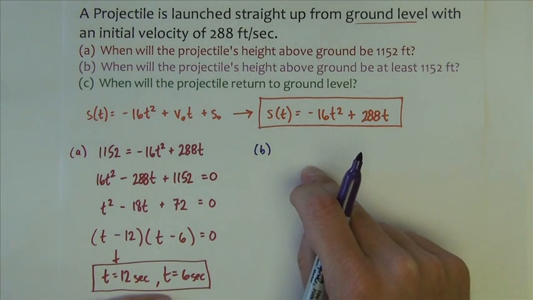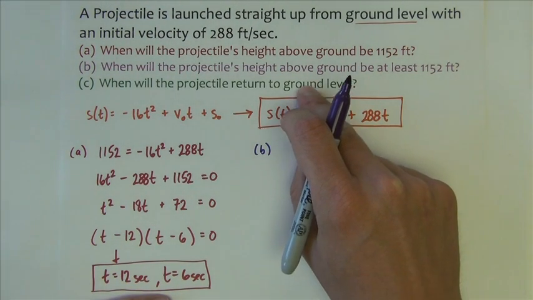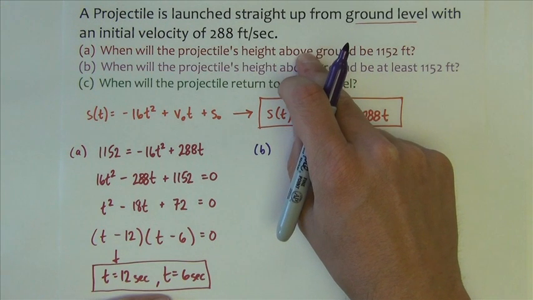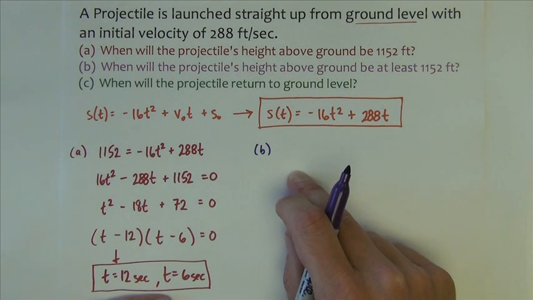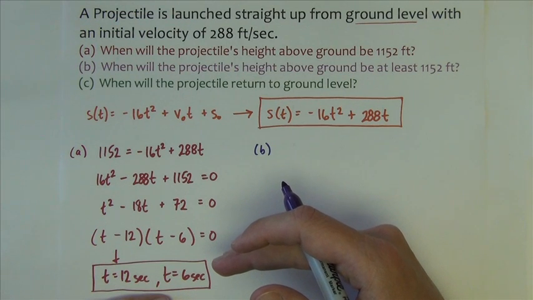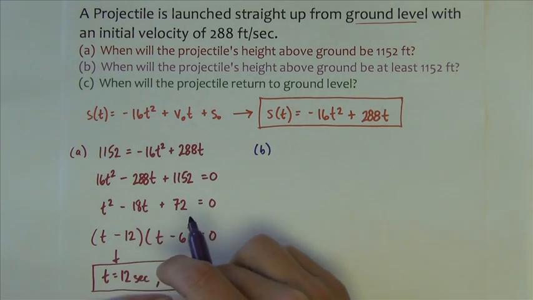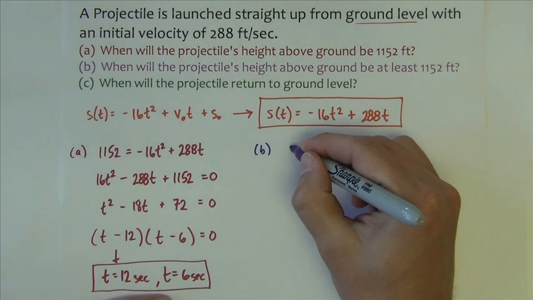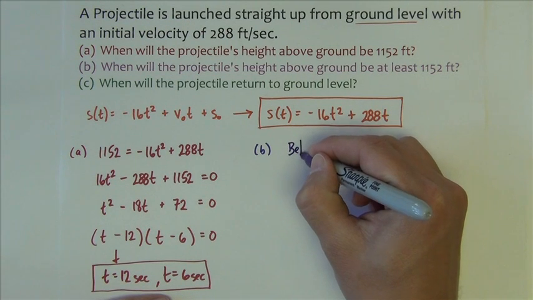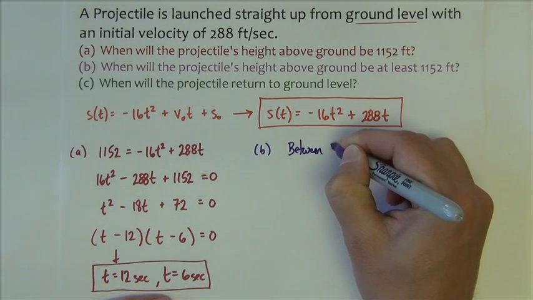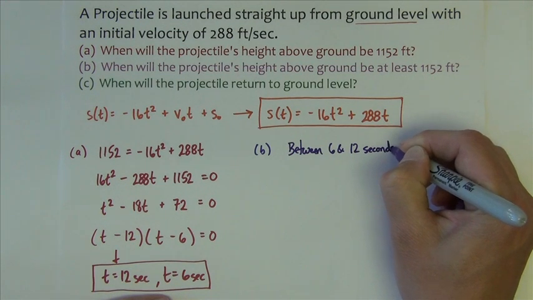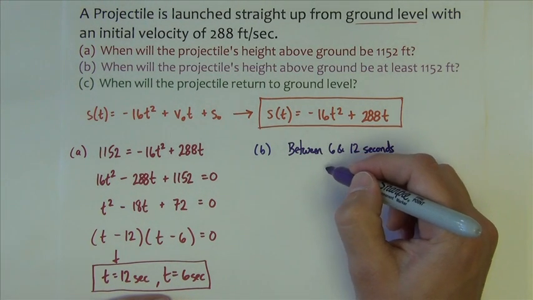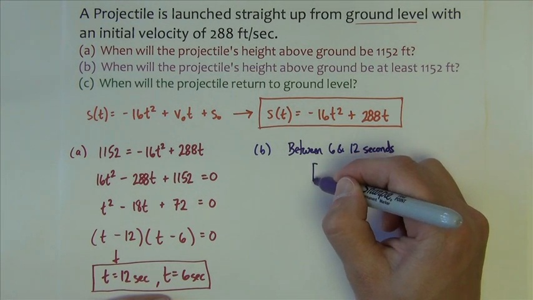At 6 seconds it's hit that height, but it keeps going up. And then it starts to come back down, and at 12 seconds it hits that height again. So it's going to be at least that high above ground between 6 and 12 seconds. So you could either write it like this, maybe between 6 and 12 seconds, or I might just write it like this.